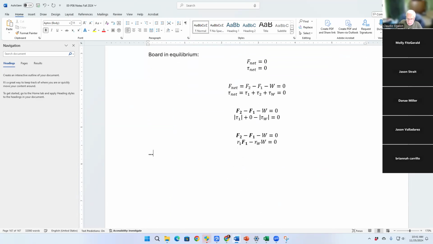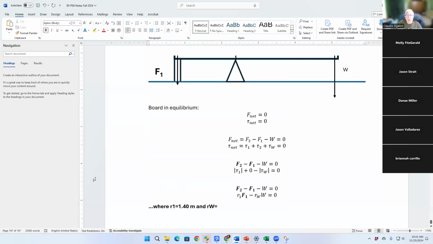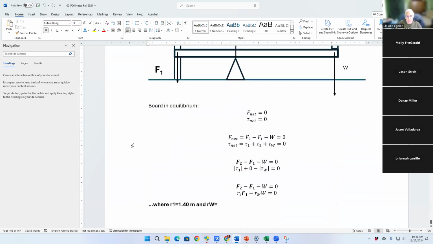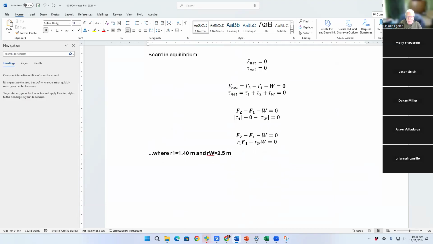And RW is what? 3.9 minus 1.4, which is 2.5 meters. And W is 520, 120 newtons. I'm not going to solve numerically. I'll leave it for you to double check at home.